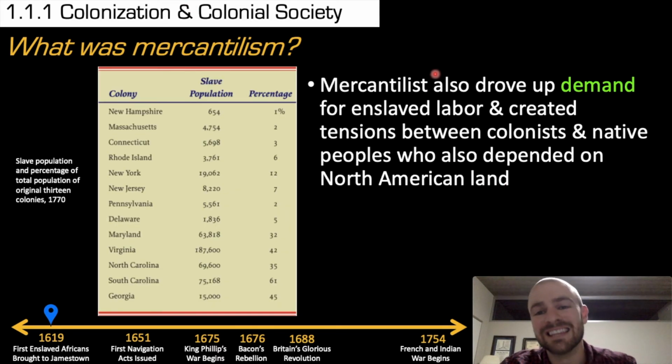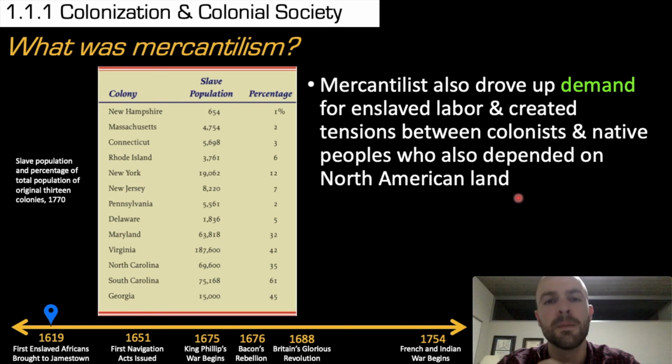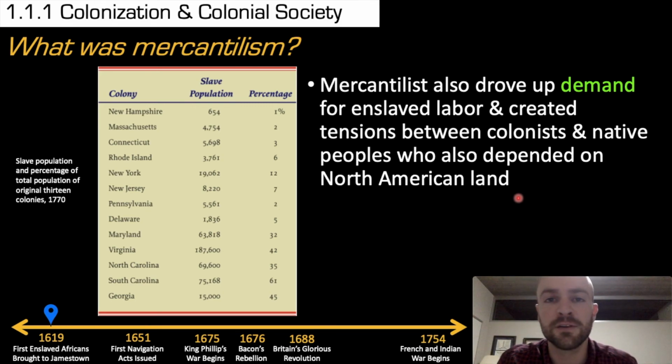So mercantilism, I should put an M there, also drove up demand for enslaved labor and created tensions between the colonists and native peoples who also depended on North American land. And so this mercantilist mindset, where Britain wants more and more and more, and they want raw materials at the cheapest possible price, they view enslaved Africans as the cheapest way to get those raw materials.